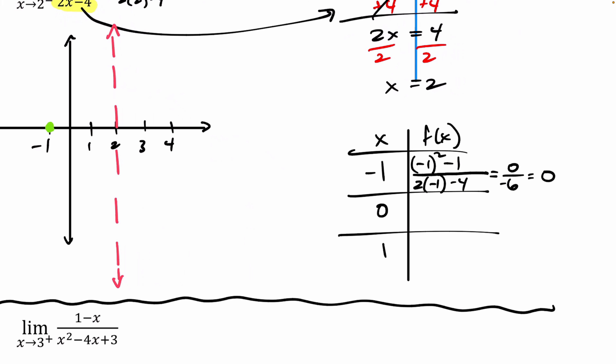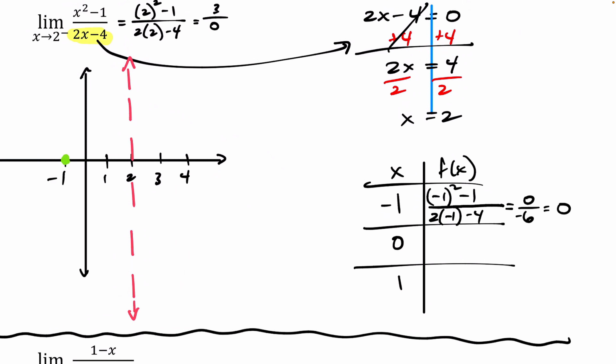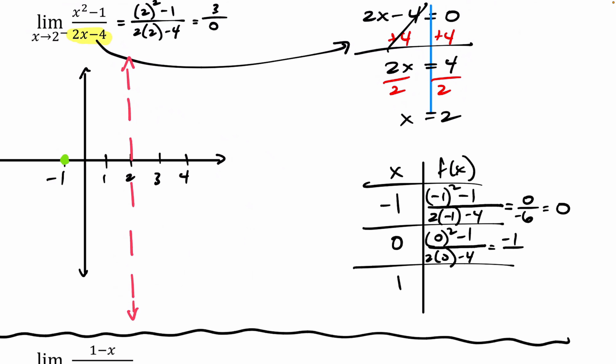Now let's plug in 0 into the same function, both top and bottom. We get 0 squared minus 1 over 2 times 0 minus 4. 0 squared is 0, minus 1 is -1.